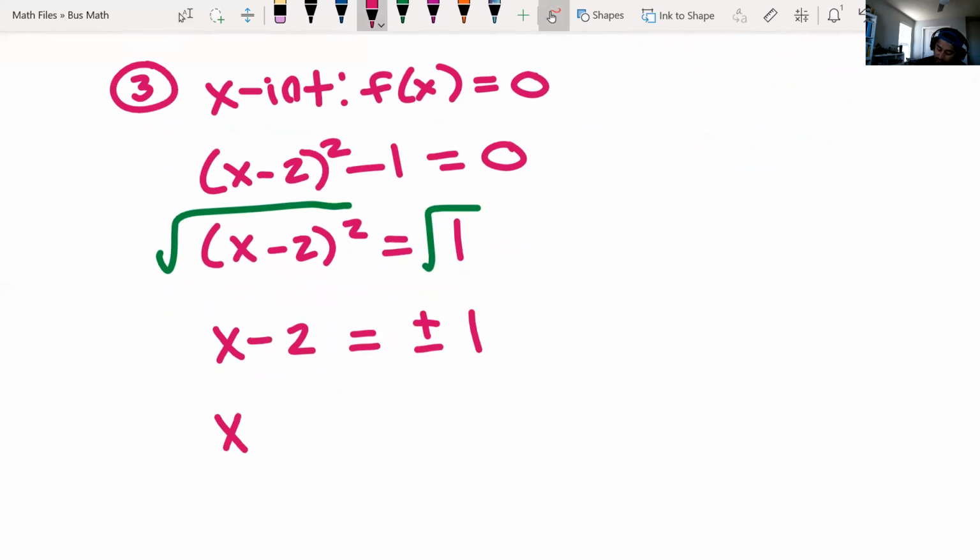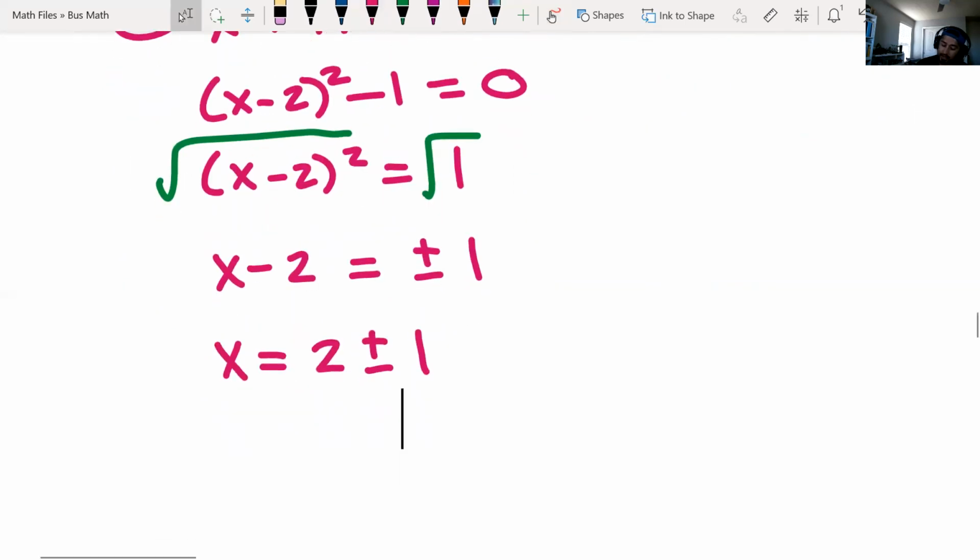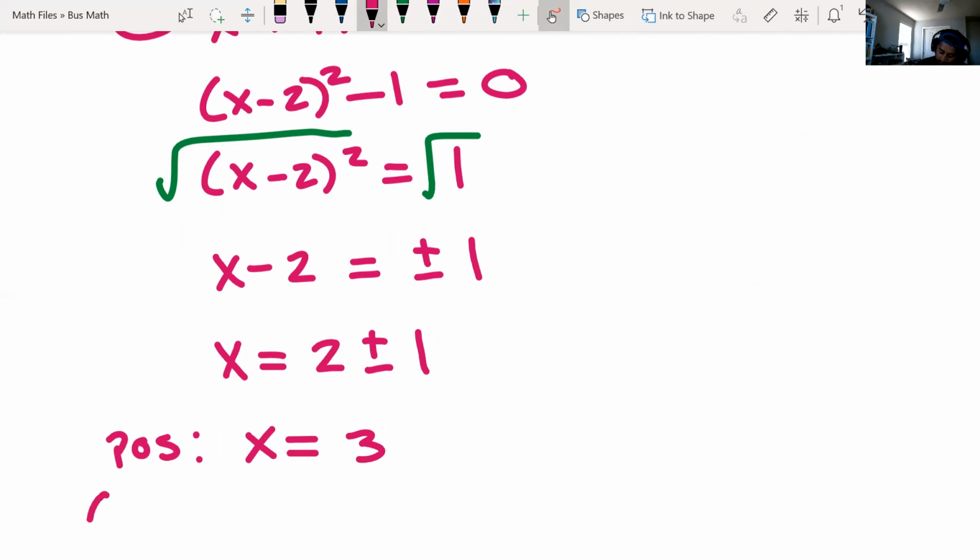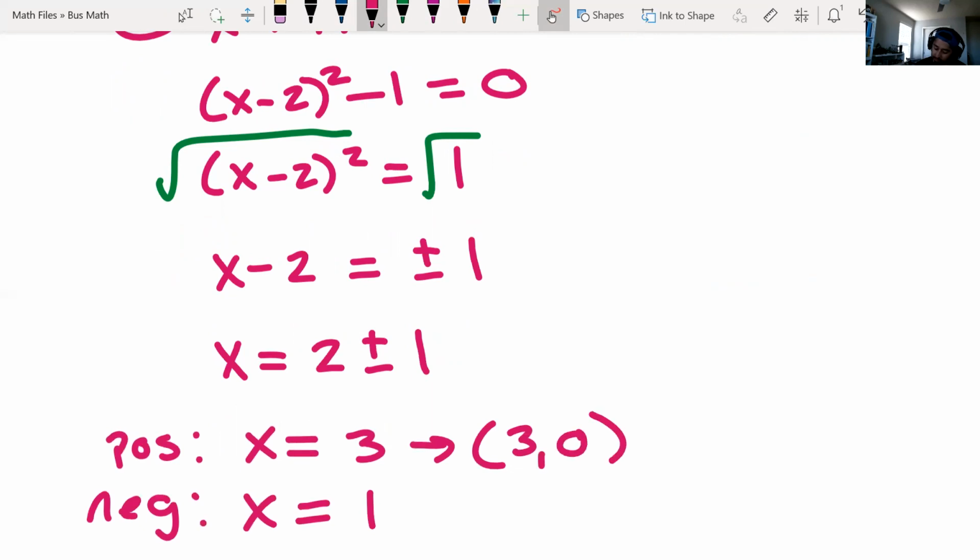Add the 2 over, and you'll get 2 plus or minus 1, which means that for my x values, for the positive, you'll get x equals 2 plus 1, which gives me 3. For the negative, you'll get x equals 2 minus 1, which gives me 1. So here's my x-intercepts at 3, 0, and 1, 0.